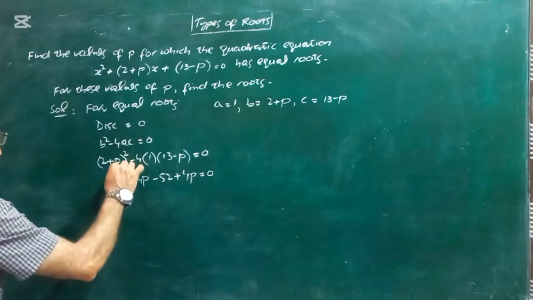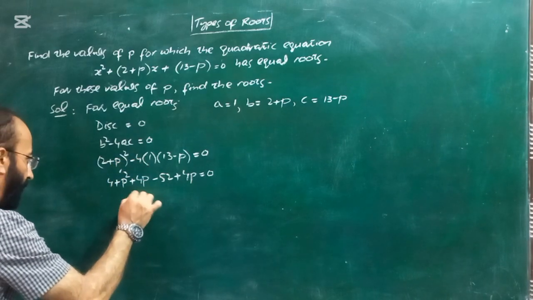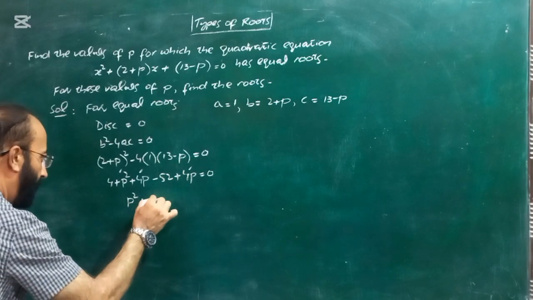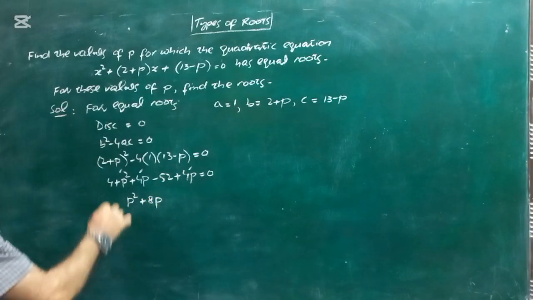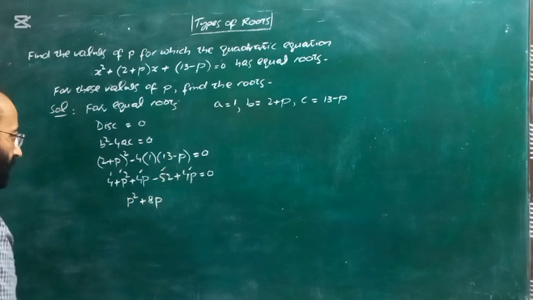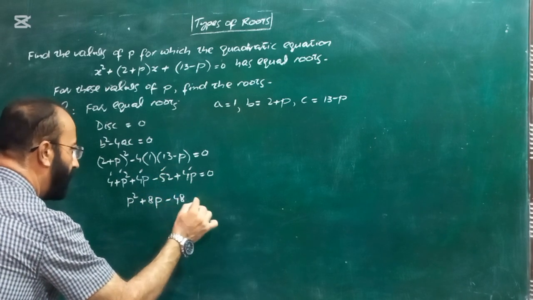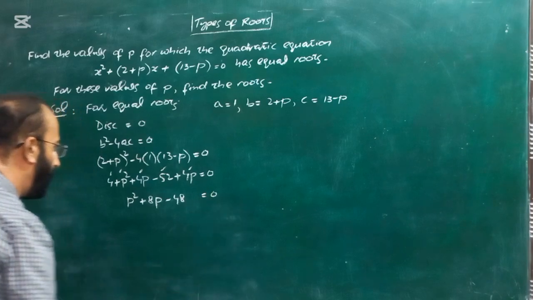From here p square, this 4p and 4p will become 8p now, and this plus 4 and minus 52 is minus 48, equal to 0 is still there.